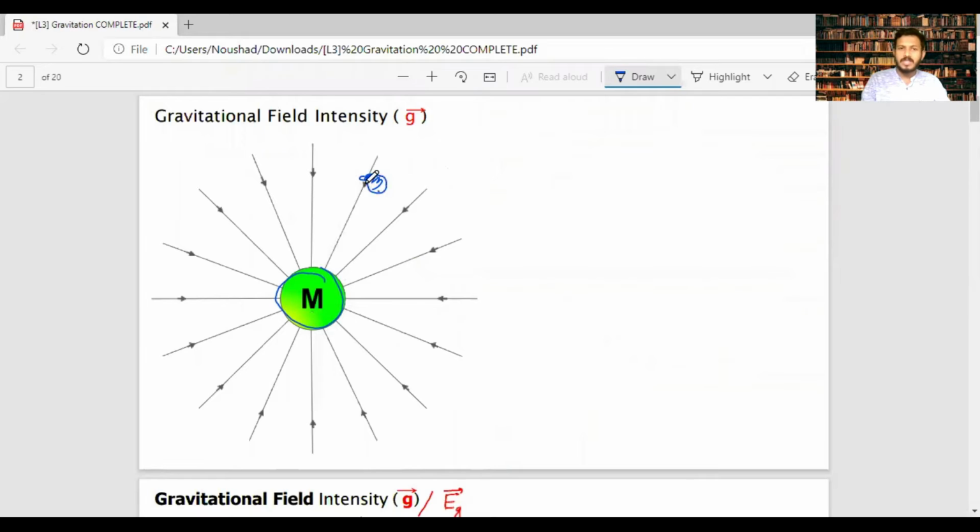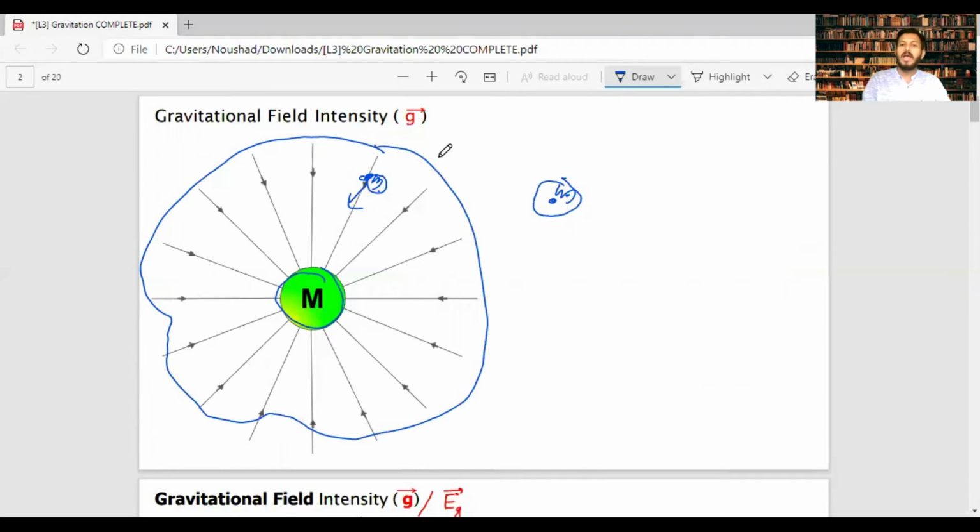It experiences an attractive force towards capital M. But when I place that body here, there is no force on this body due to capital M. Then we can say this is the gravitational field of capital M. I am placing small m outside that gravitational field. That is what is meant by gravitational field.